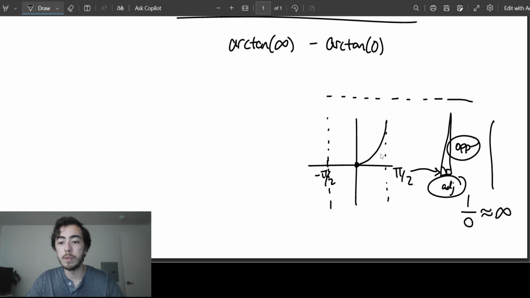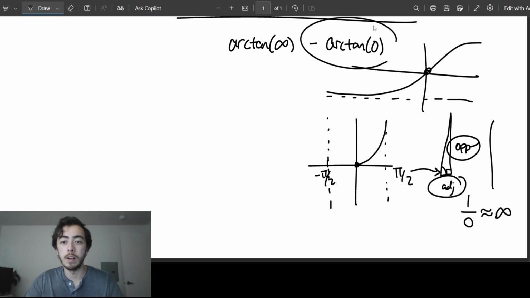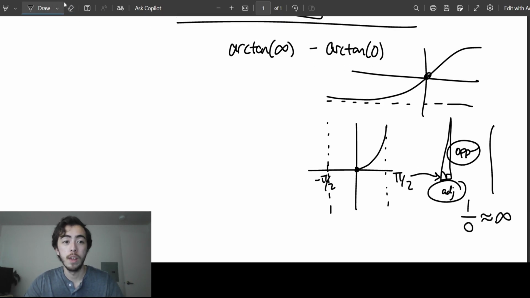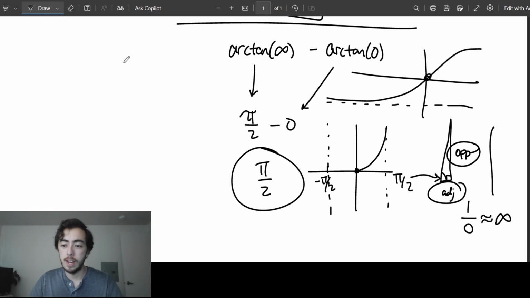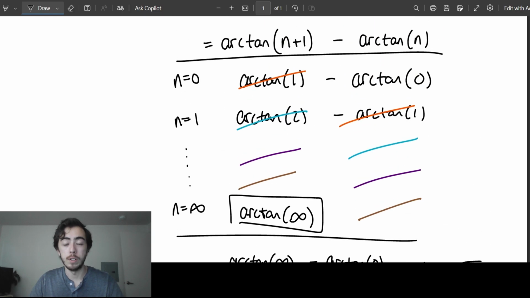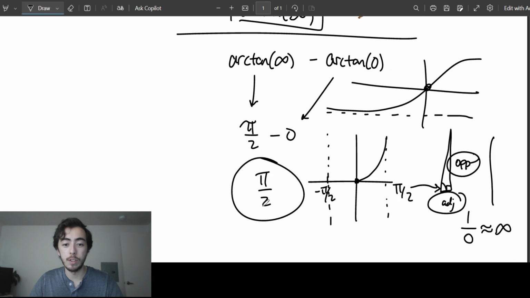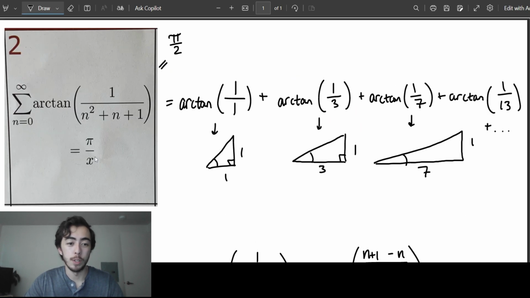You could consult a graph, I erased it, but how it passed through the origin here tells me that arctangent of 0 is just 0. So we're only left with the pi over 2 value because subtracting 0 doesn't do anything. So that, I believe, is how you're supposed to get pi over 2 for the answer today. And this 2 right here corresponds with this x, and that is our answer for today. X is 2.